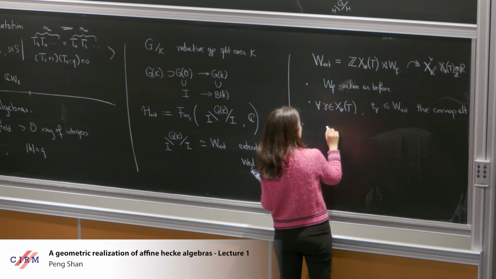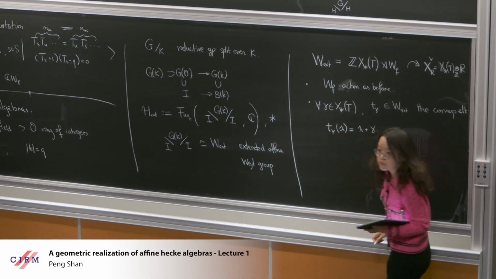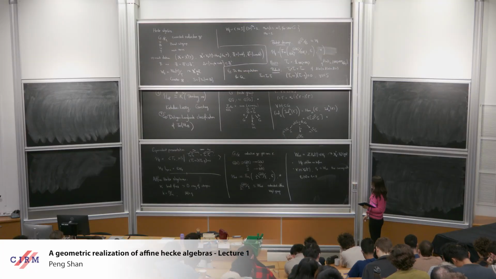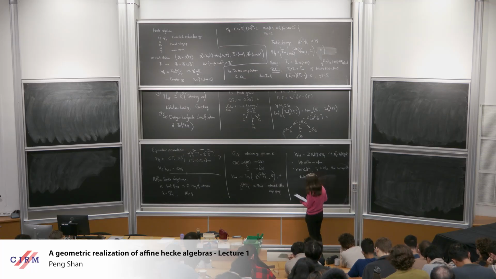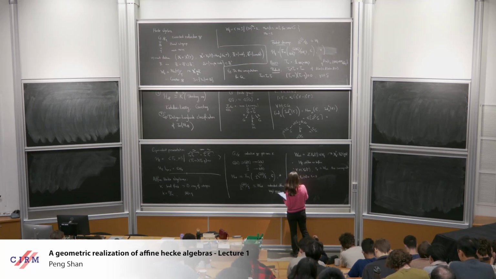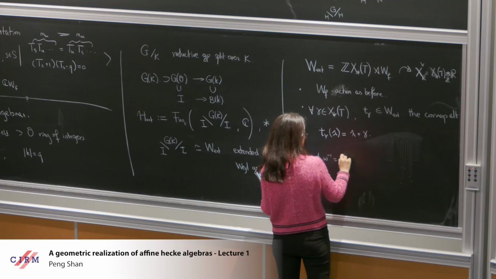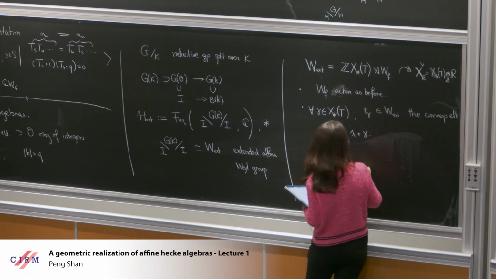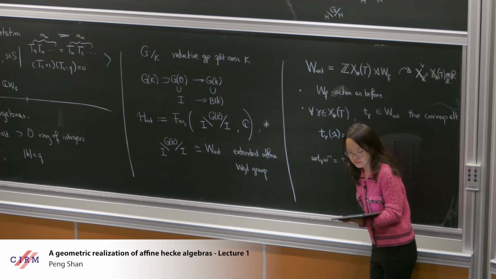Its action on a coweight lambda is given by lambda plus gamma. It is easy to observe that they satisfy the semi-direct product relation, i.e. w t_gamma w inverse is t of w gamma.